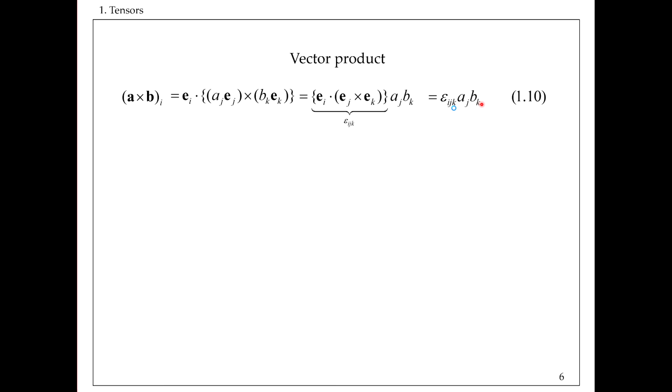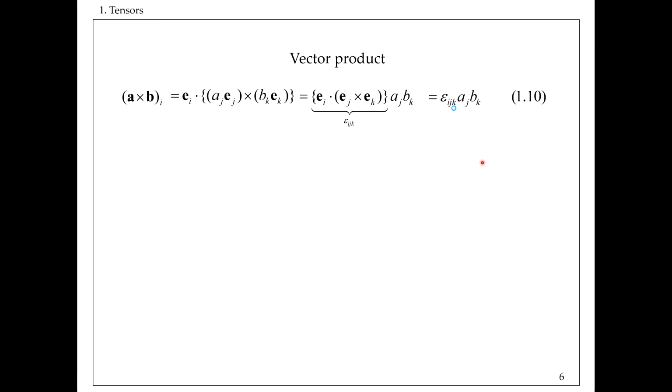We have basically two summations here, but we still have a free index, so that everything makes sense. A multiplication of these two produces the vector, so the free components will be for i equal 1, 2, and 3, so there will be 3 components, and the free index i here exactly produces it.